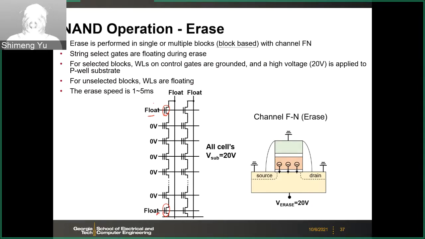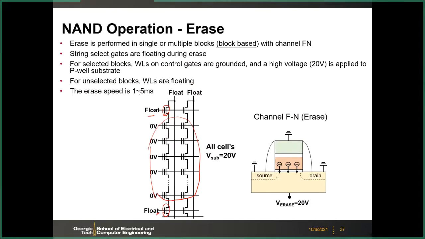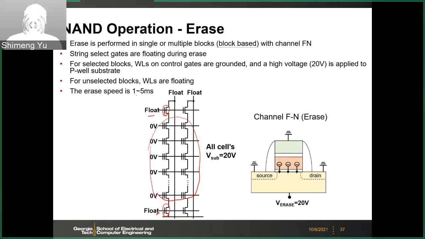Otherwise, if you have 0 volt here, then you have 20 volt across this normal transistor. It does not have the additional floating gate, so this one will break down. You don't want to have that. Therefore, we float those two select transistors. So all the cells here will be erased simultaneously. And the erase can be slow, like even 1 millisecond or a few milliseconds.